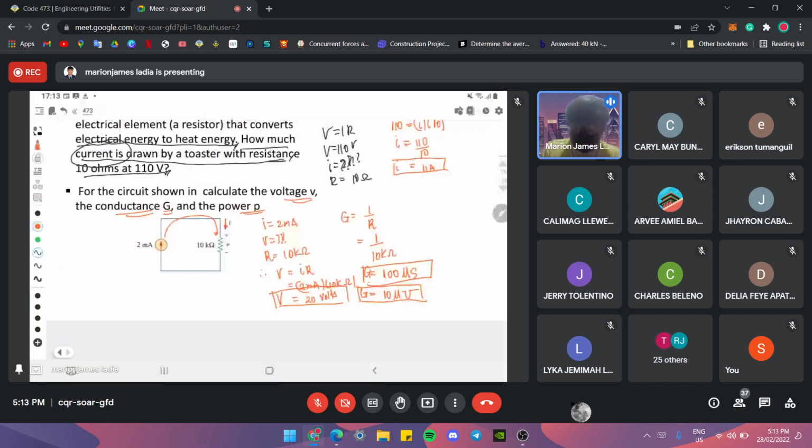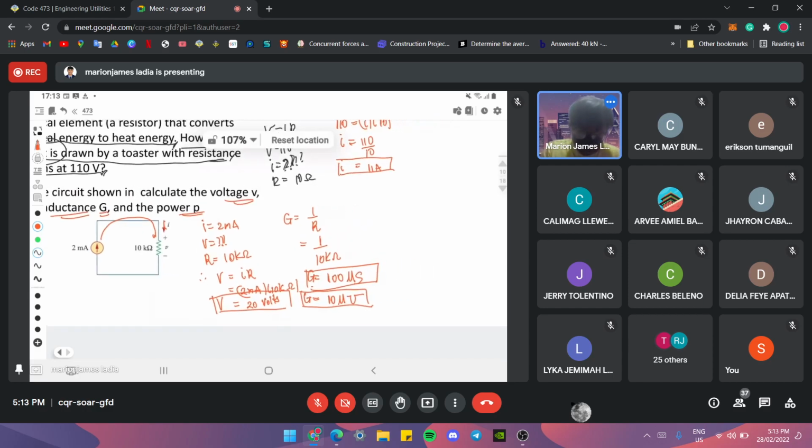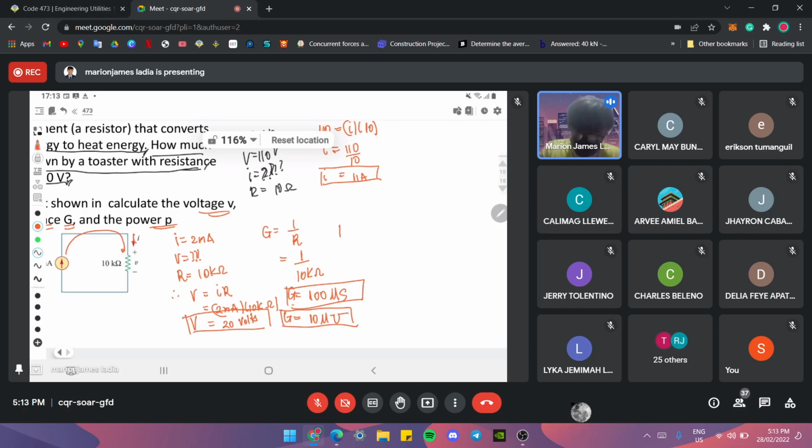Okay? Next, for our power. So take note that yung sinabi kanina, resistor will always receive power. So pag sinabi nating receive, it is always positive. So therefore, our power is equal to VI. Wherein, positive 10 kilo ohm kasi pumasok sa positive value ng ating resistance.